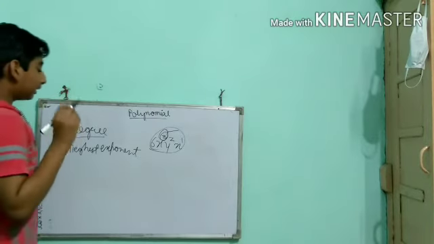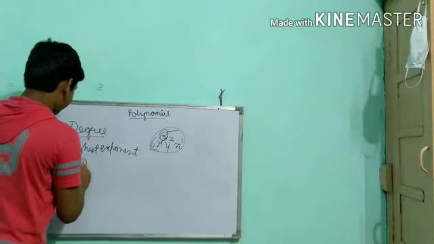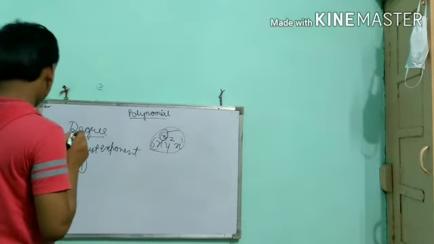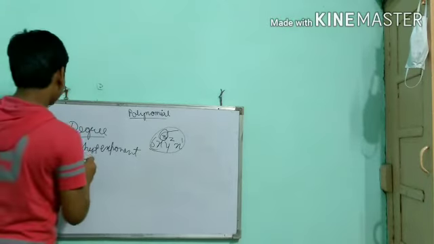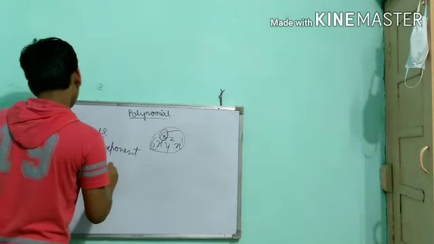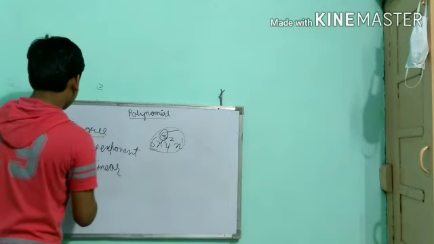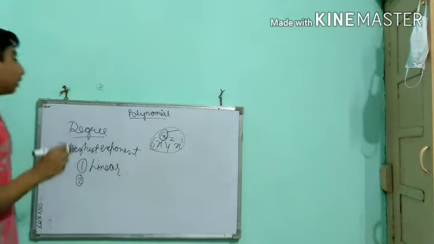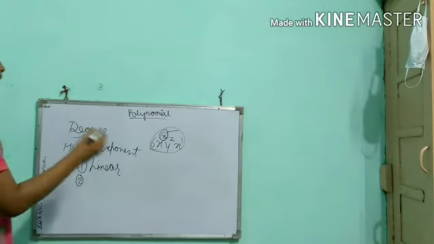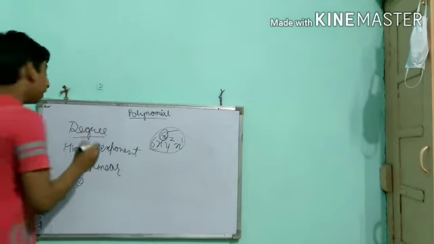And if 1 is the highest degree of any polynomial, it would be said to be linear. If 2 is the highest power or degree in any polynomial, it would be quadratic.